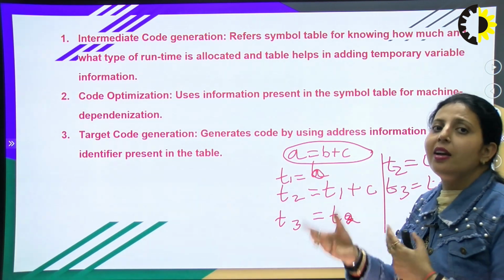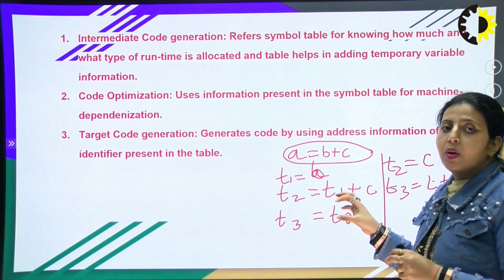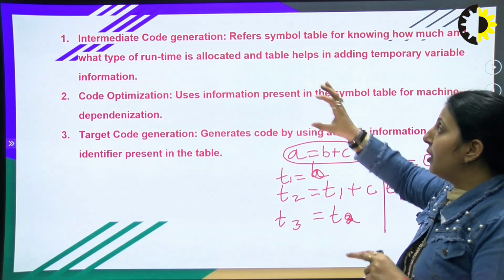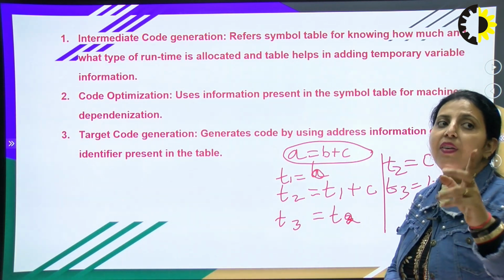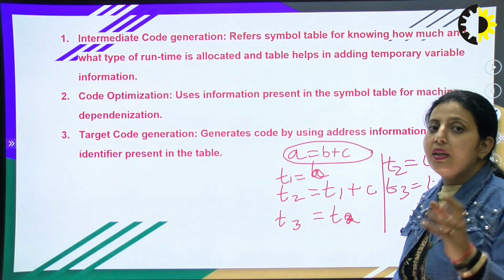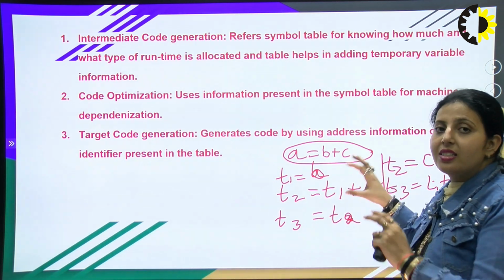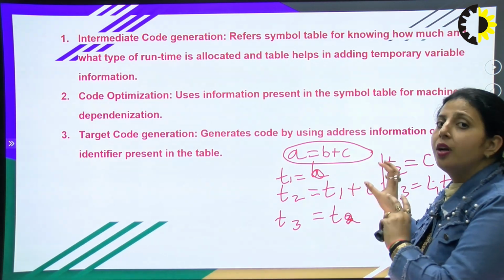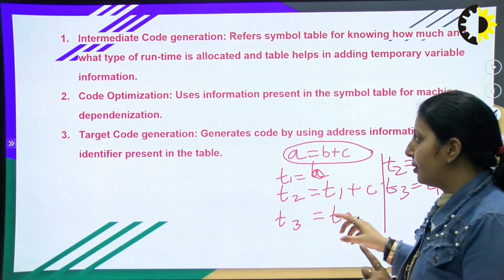This increases the compile time. So to reduce the compile time, the intermediate code generation uses the symbol table to check the temporary variables information, whether the information that is assigned in the symbol table is correct or not, with respect to their temporary variables.